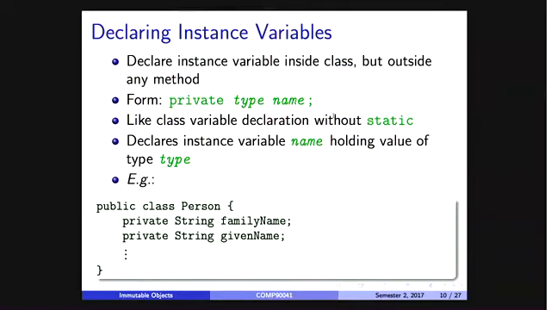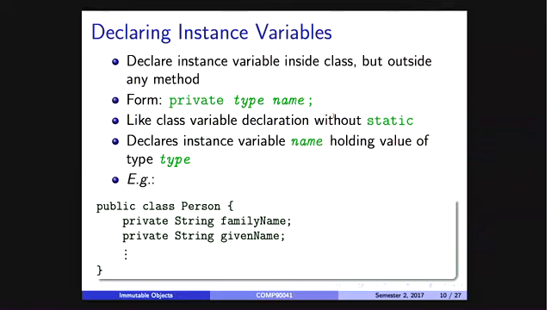Okay, so to declare an instance variable, it's similar to declaring a local variable in your methods. Essentially, you give it the type and the name. But I'm going to say one more thing, something that you can't do for a local variable. You also say private at the front of it.